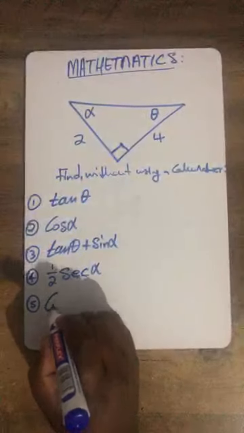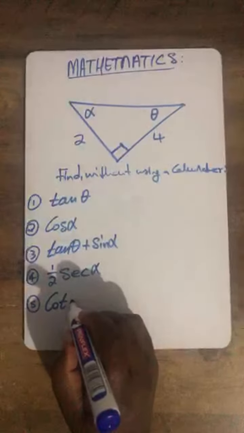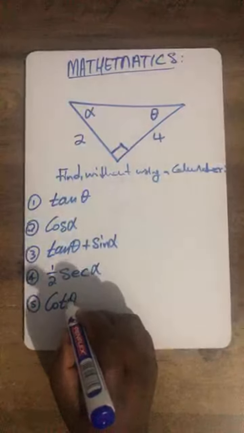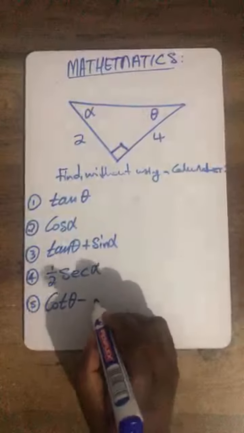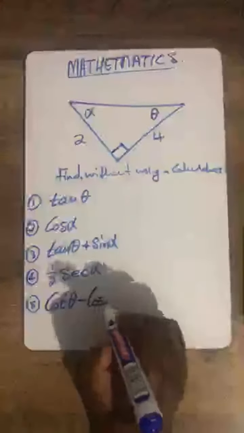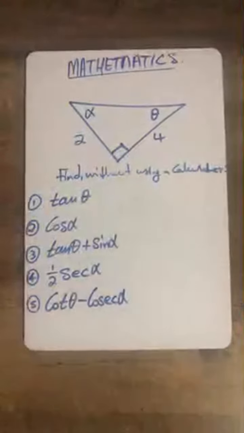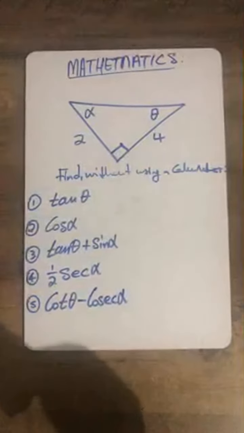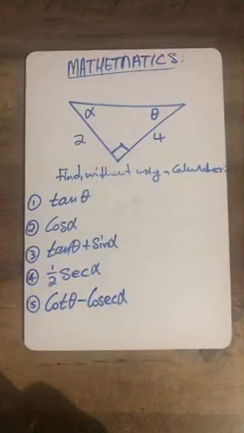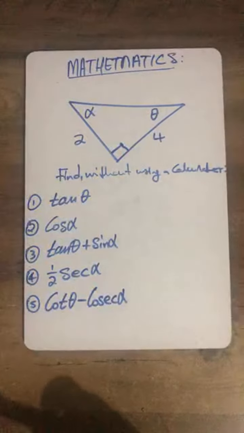Let's keep it simple and say cot theta minus cosec alpha. Question number 6 is 2.